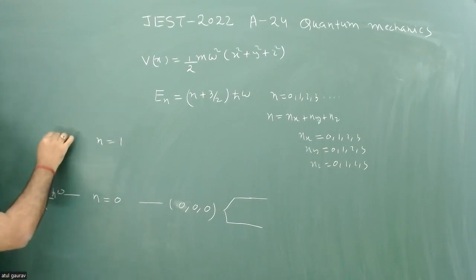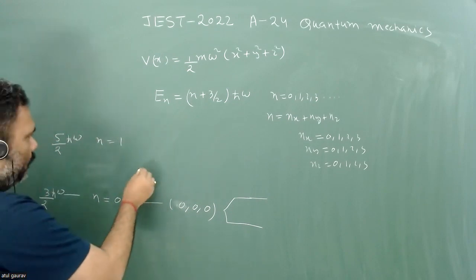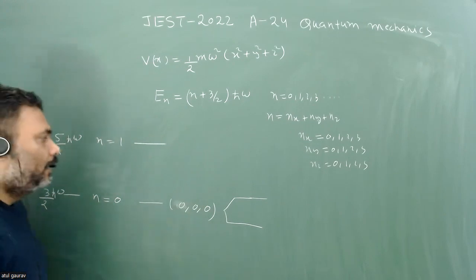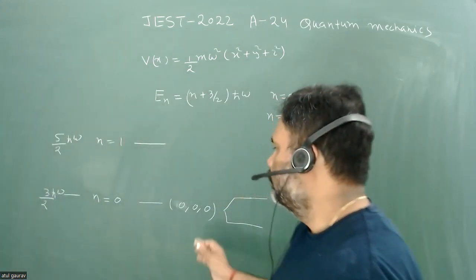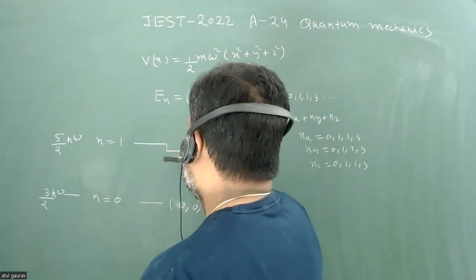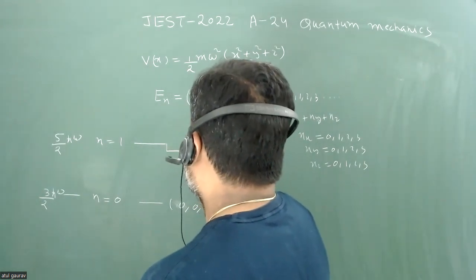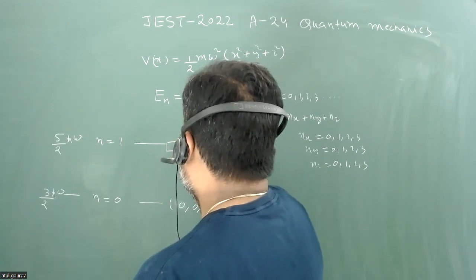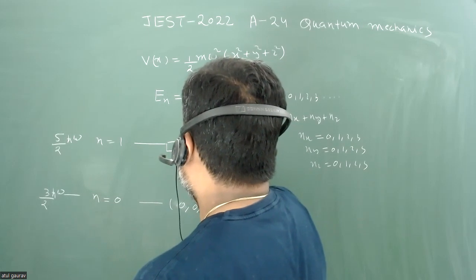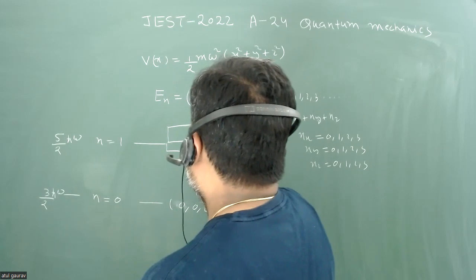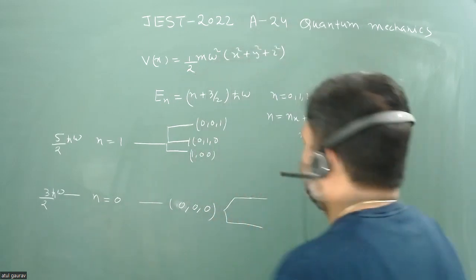the energy eigenvalue is 5/2 h-cut omega. And here, n equal to 1 can have 3 different levels, all with the same energy, and these can be represented as nx, ny, nz equal to 1,0,0; the second can be 0,1,0; and the third can be 0,0,1.